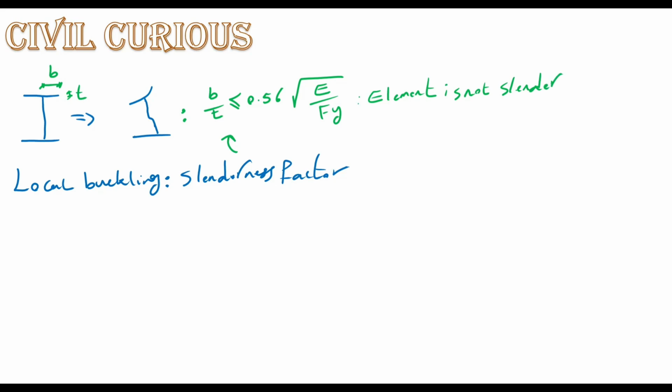Okay, and if we have B divided by T greater than 0.56 radical E divided by yield stress, our element is slender, you know?